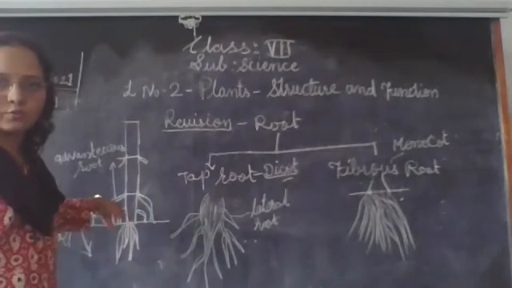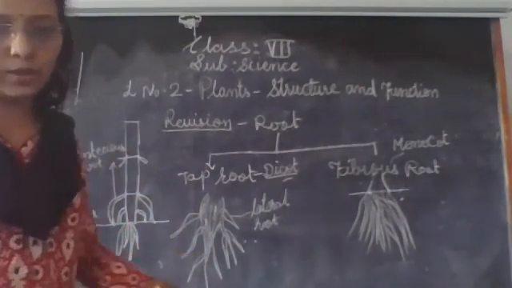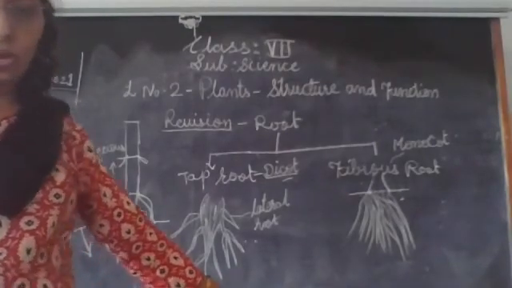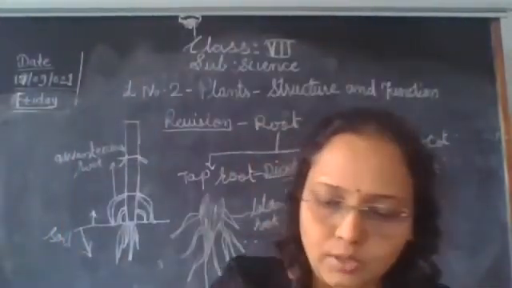Usually in maize, sugarcane and sorghum, adventitious roots occur.